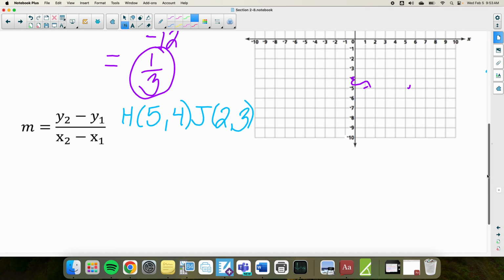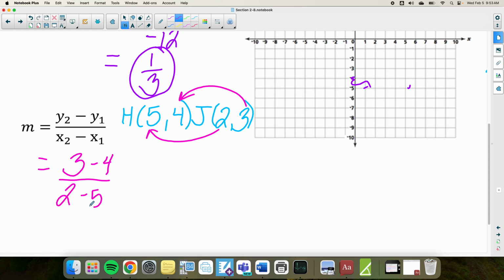So when I do that, I can subtract my y's on top. So I'd go 3 minus 4. And then I subtract my x's on the bottom, and that would be 2 minus 5. Okay? 3 minus 4 is a negative 1. 2 minus 5 is a negative 3. And negative 1 over negative 3 would become positive 1 over 3.